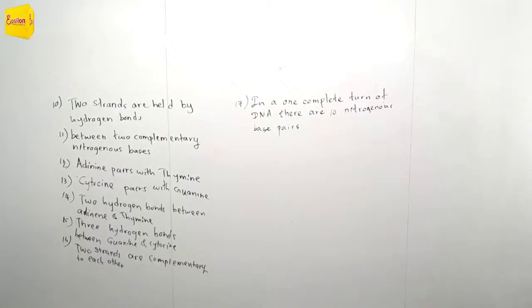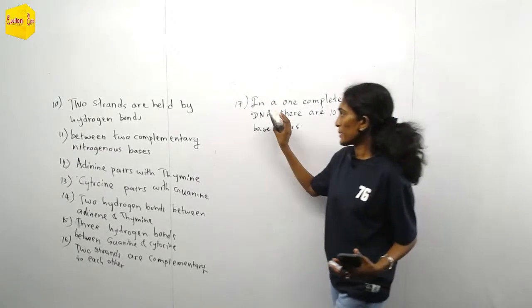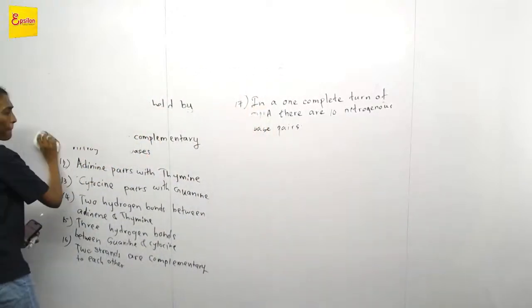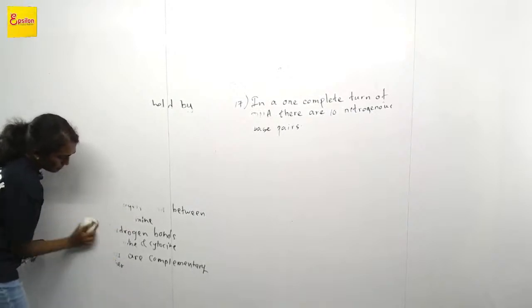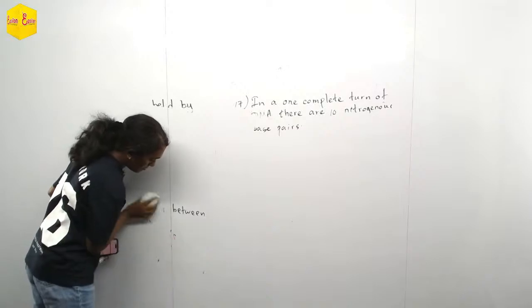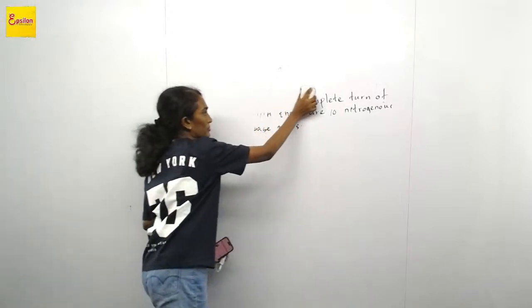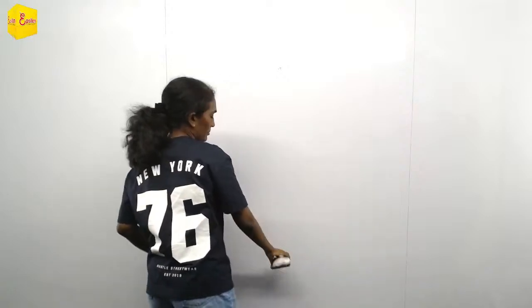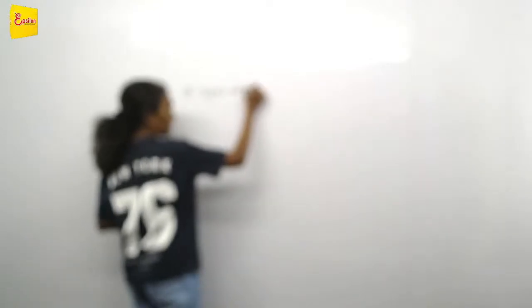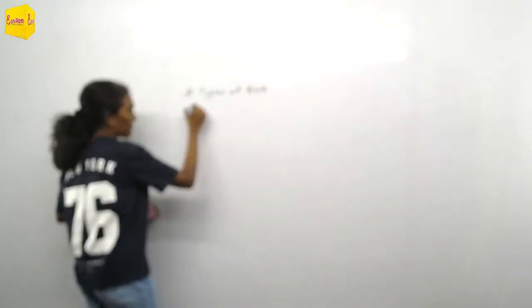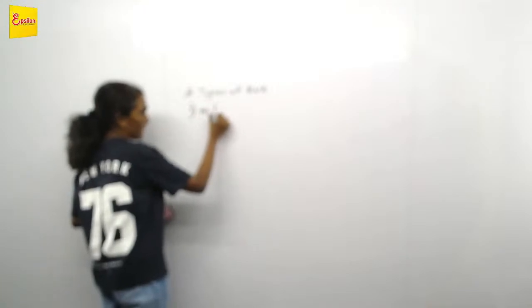Now we are going to talk about different types of RNAs. There are three types of RNAs in the body. Now look at the board, everyone. Number one, mRNA.